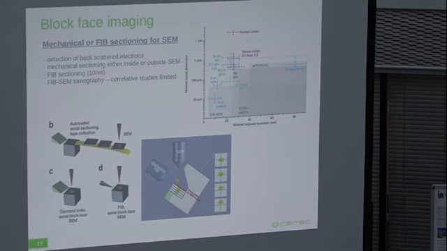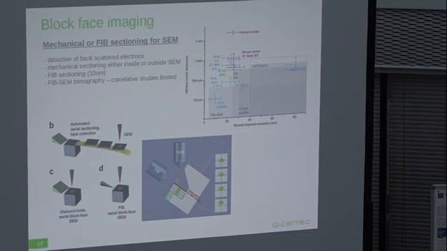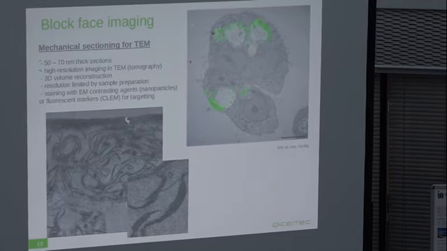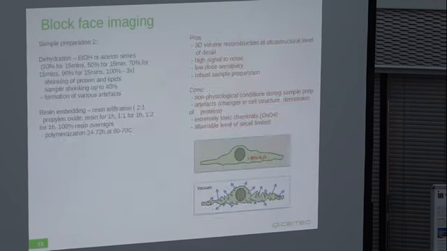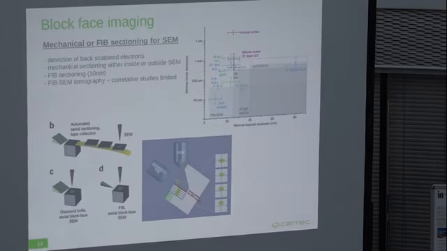An alternative approach is the use of the scanning electron microscope. Here you have the chance again to use mechanical slicing and have the ultramicrotome directly inside the microscope chamber, and cut the slice, image with a scanning electron microscope, get an image, cut yet another one, etc. The alternative option is to use FIB.